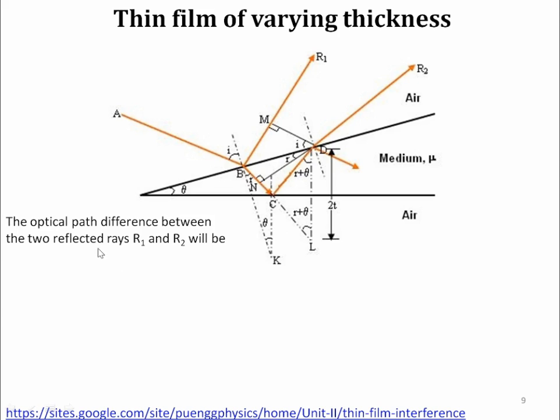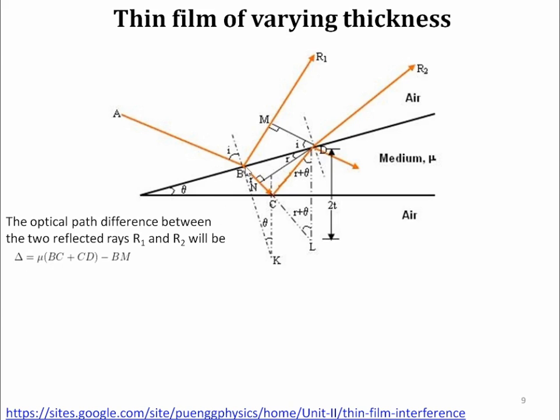So the optical path difference between these two rays will be equal to delta, mu into BC plus CD. Suppose this is a medium of refractive index mu. In that case, delta will be equal to mu (BC plus CD). Remember, this is optical path difference.